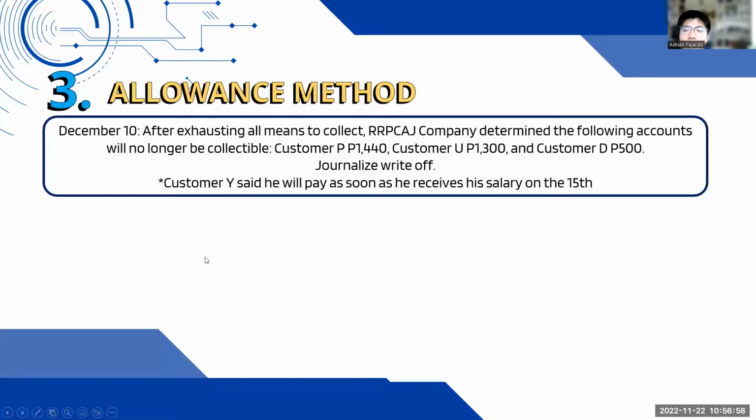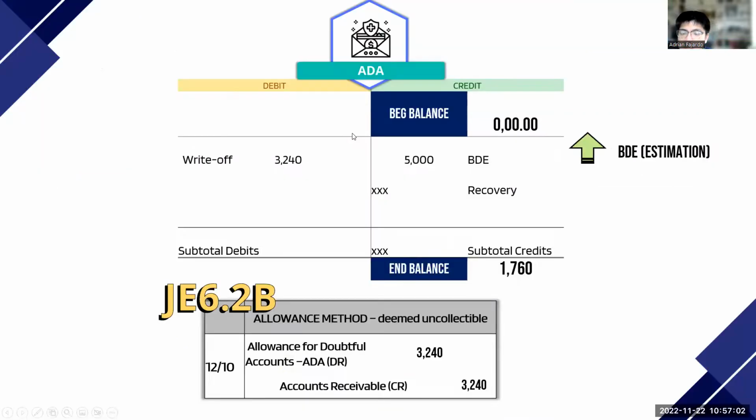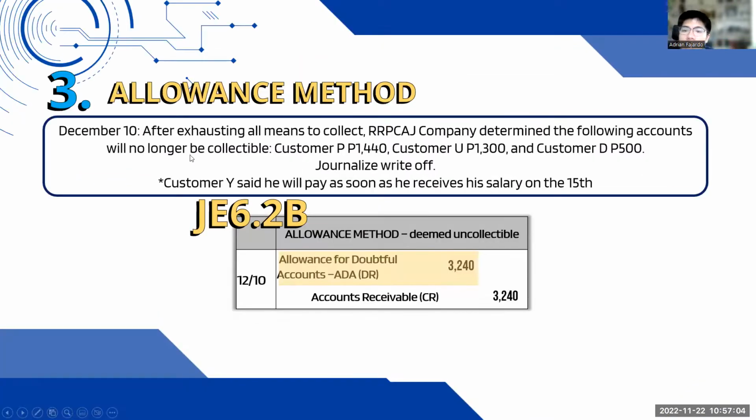Next, on December 10, after exhausting all means, no longer collectible. Since it's no longer collectible, this is an actualized loss, meaning we have to write off. When you write off, the journal entry is debit ADA, credit AR of 3,240.